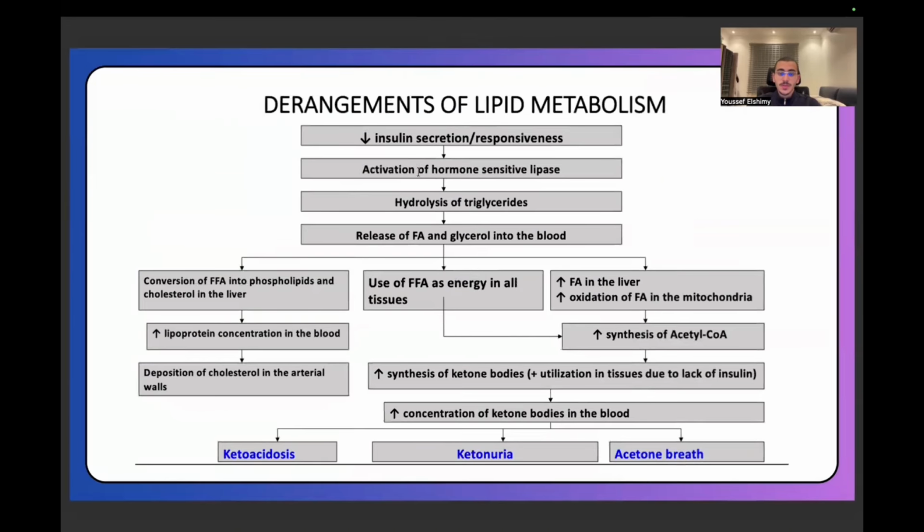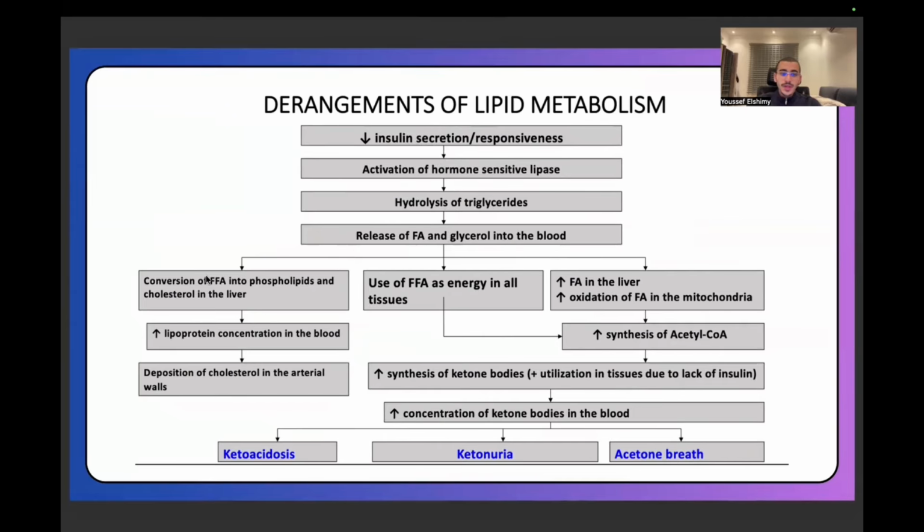What about lipid? There would be decreased insulin, so there would be unopposed effect of glucagon. As a result, there would be activation of hormone-sensitive lipase, and you would break down triglycerides. This would release fatty acids and glycerol into the body.